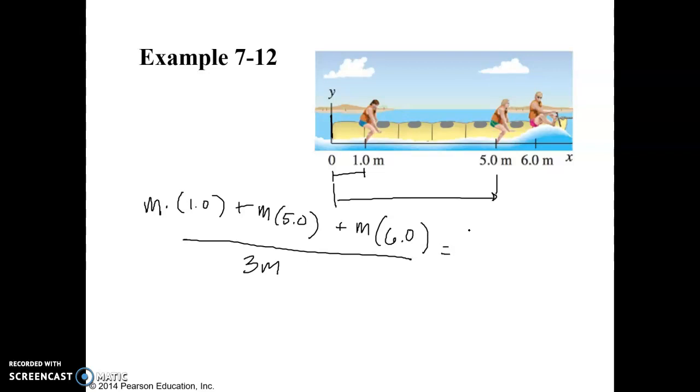So we end up with 12.0m divided by 3m, and then the m's cancel out, and we just take 12 divided by 3, and we find that the center of mass, x_cm we can call it, the x distance to locate the center of mass, is 4.0 meters.